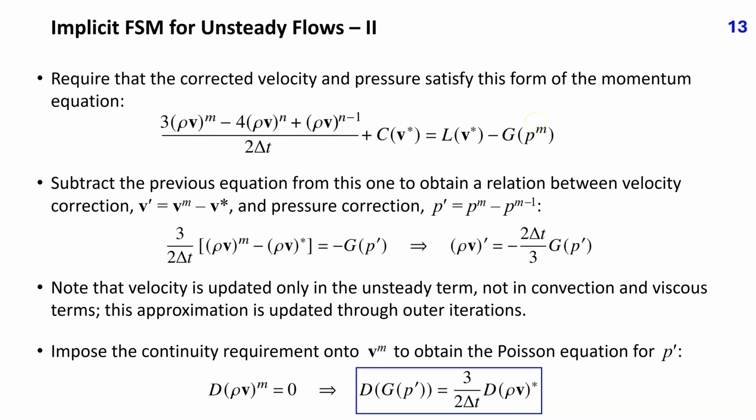Note that velocity is updated only in the unsteady term, not in convection and viscous terms. This approximation is updated through outer iterations. The next step is to impose the continuity requirement onto V^m to obtain the following Poisson equation for pressure correction P'.